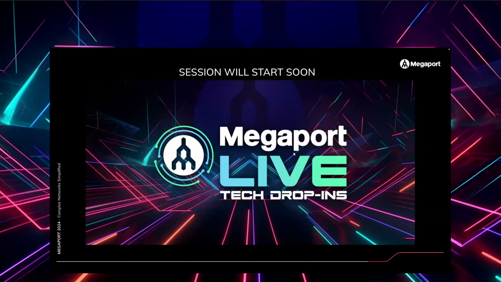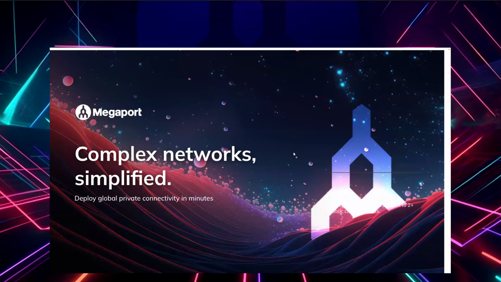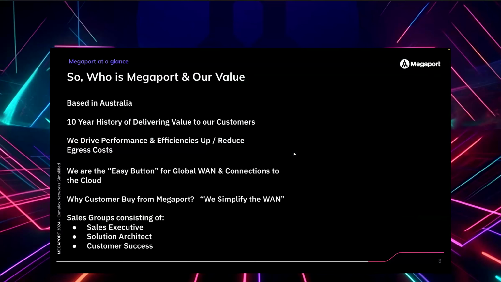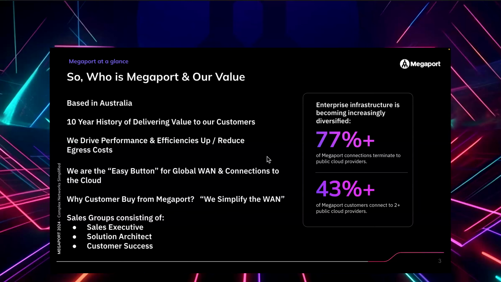So Megaport is an Australian company. We've been around about 10 years, and we are public. The ticker symbol is MP1. And we have found an increasing demand for cloud connectivity. About 77% of our connections terminate to the cloud, primarily AWS, Azure, and Google, and we also connect to all the other major players as well.